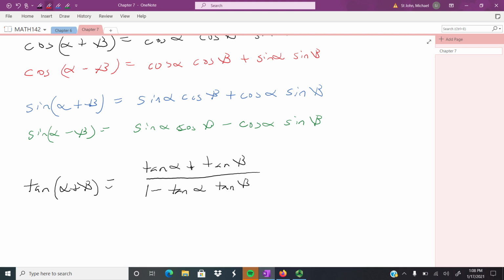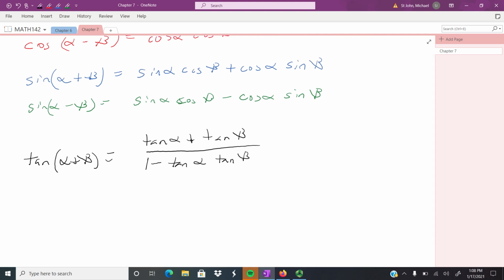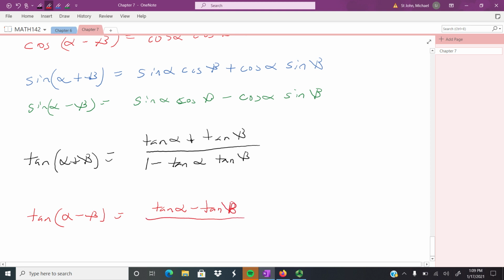And then we also have tan of alpha minus beta equals tan alpha minus tan beta over 1 plus tan alpha tan beta.